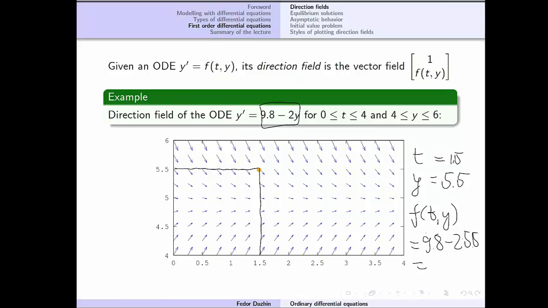Right, 2 times 5.5 is 11, so 9.8 minus 11 is minus 1.2. So it means that at this point the vector that we should plot is the vector with coordinates 1 and minus 1.2.